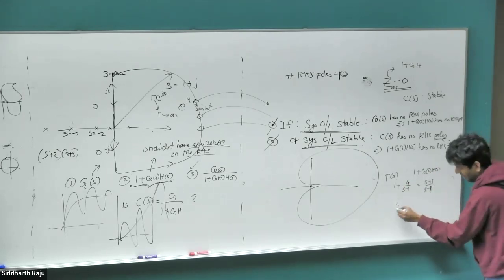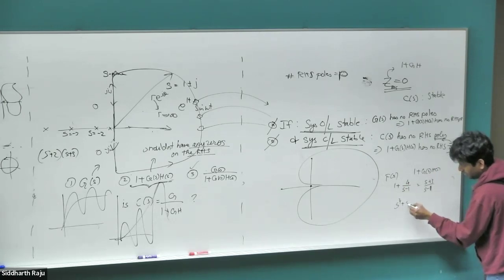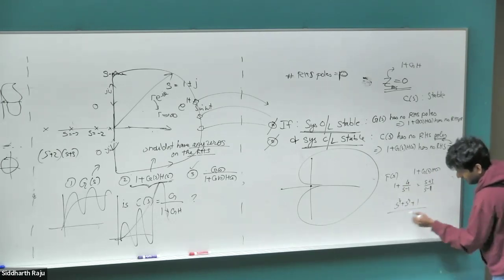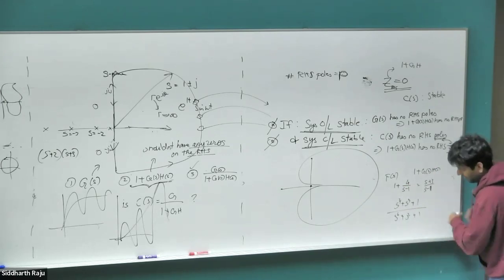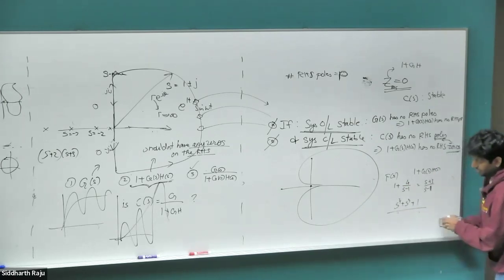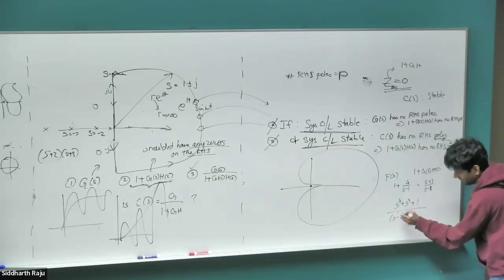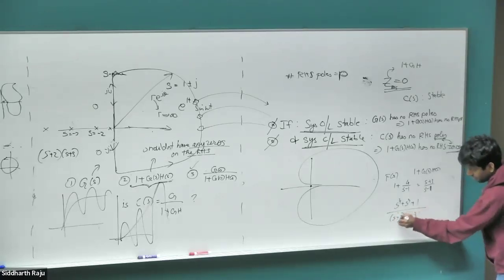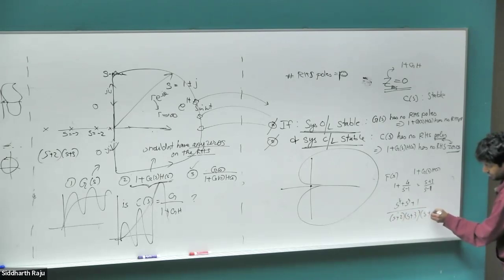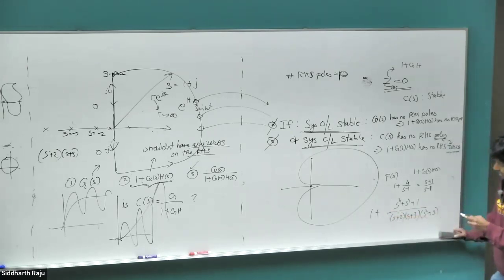If I had something more complex, like s to the 4, s cubed plus 1 divided by s to the 6, s squared plus 1, given in a nice form, and then I ask you to do 1 plus and solve it, it gets a bit more complicated.